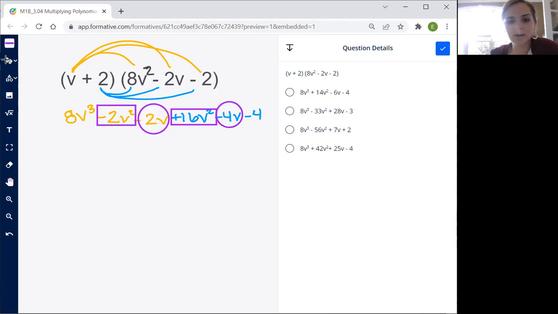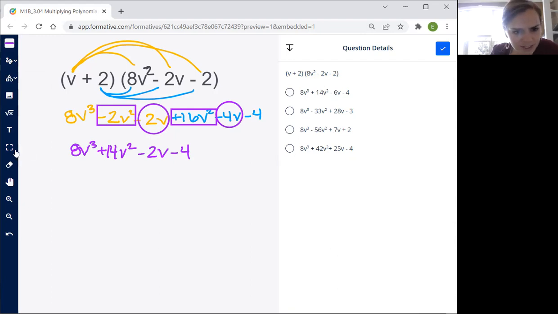Then when we combine them, we have 8v to the 3rd. Negative 2 plus 16 is positive 14v squared. Positive 2v and negative 4v is negative 2v. And lastly, negative 4.